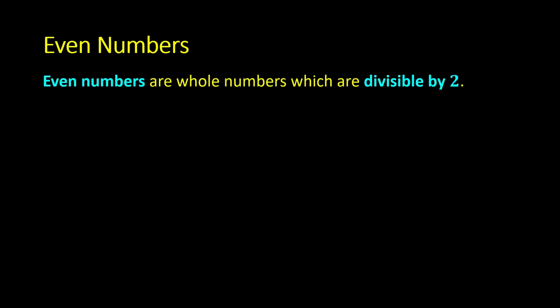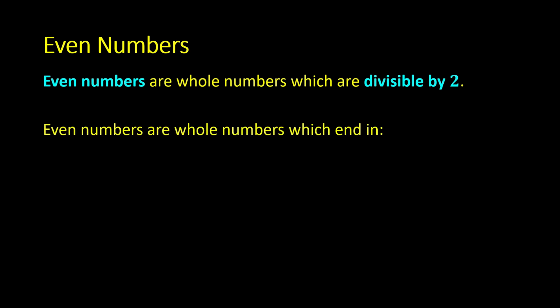We will now look at odd and even numbers. Even numbers are whole numbers which are divisible by 2. So in particular, even numbers are whole numbers which end in 0, 2, 4, 6, or 8. Let's take a look at some examples. 24. 24 ends with a 4, and therefore it is even. 576.